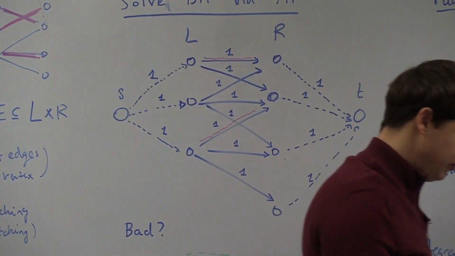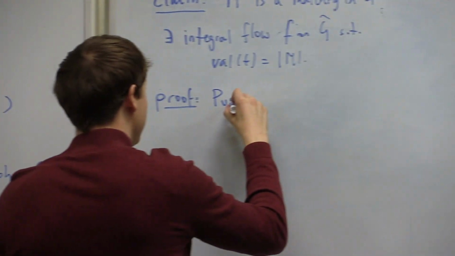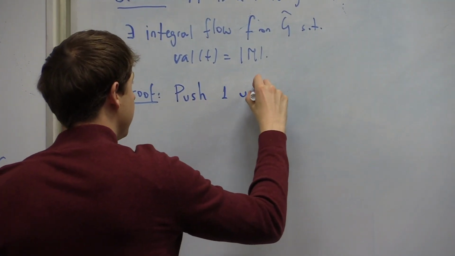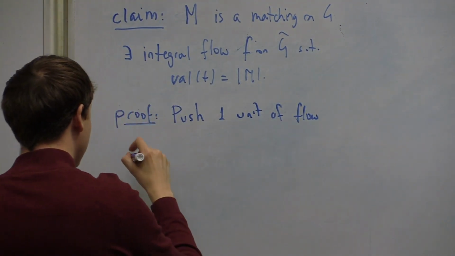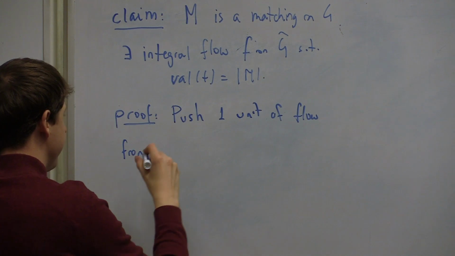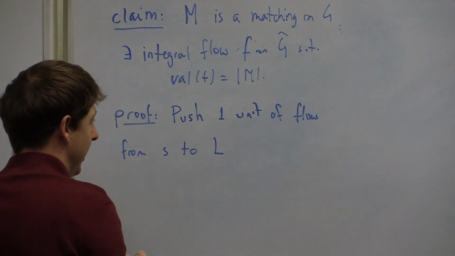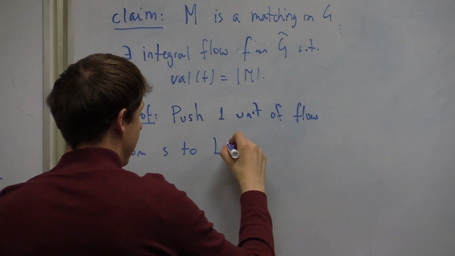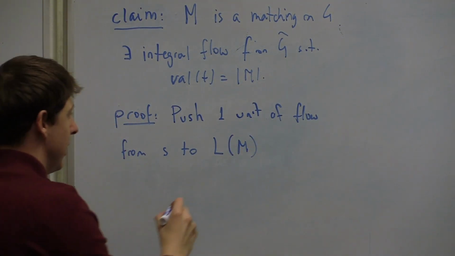So the proof is that you push one unit of flow from S to L of M. These are the left endpoints of the matching.